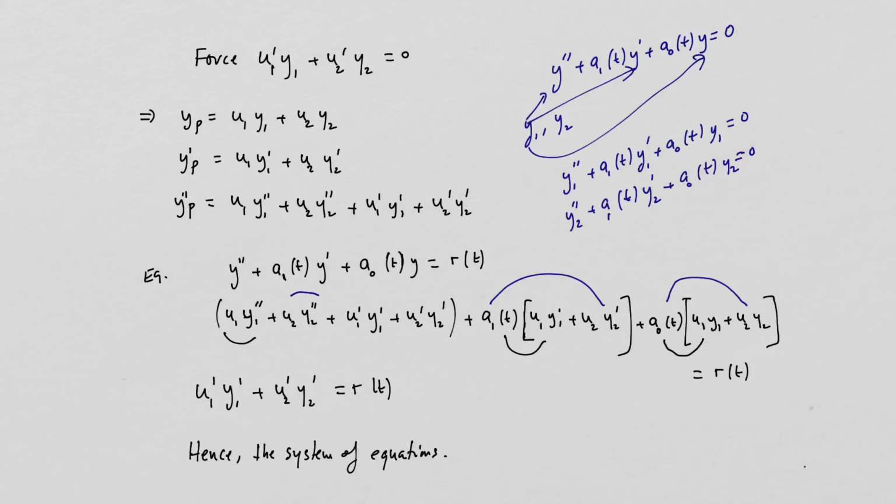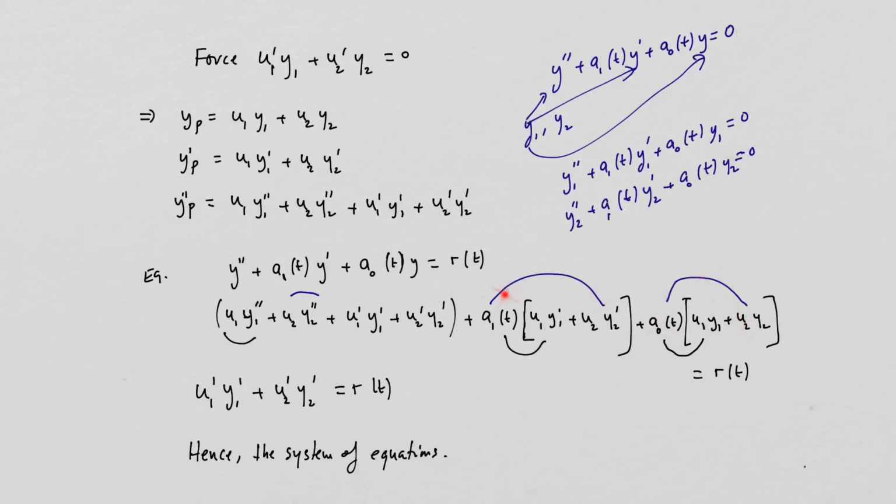So y2 double prime times u2, plus a1t y2 prime, plus a0t y2, times u2.